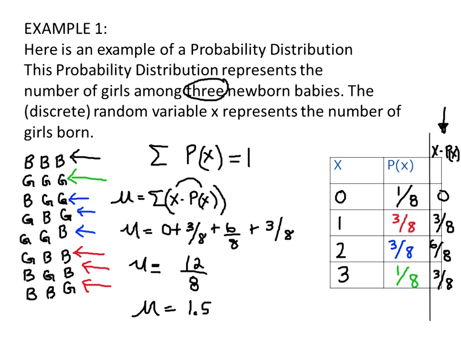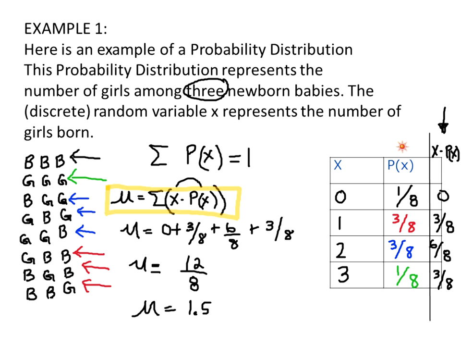Okay, so let me go through this computation again. First of all, what you have to focus on is the formula. I just copied this formula from the notes from the previous slide. The formula says that you're going to take x, which is our random variable, times its probability, so x times p of x.